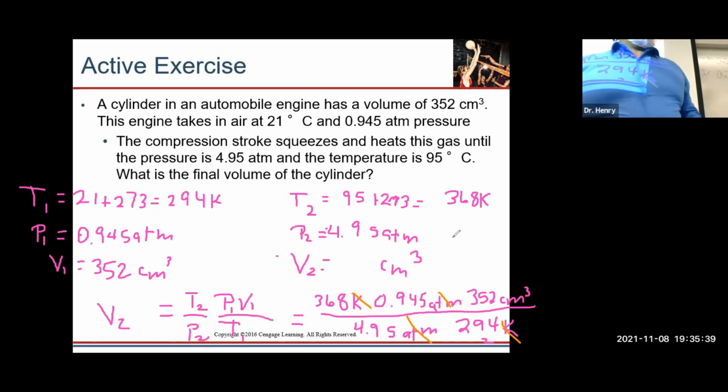Okay, somebody do the math for me. Okay, 84.1. So you guys agree?